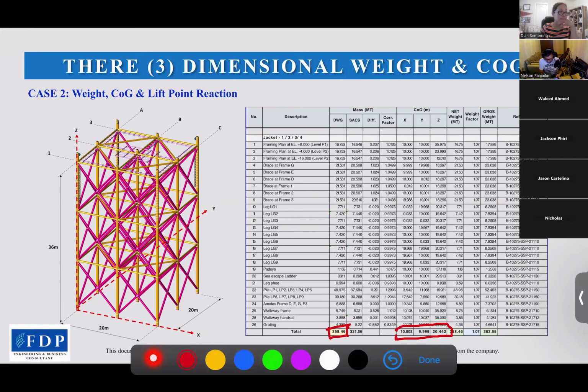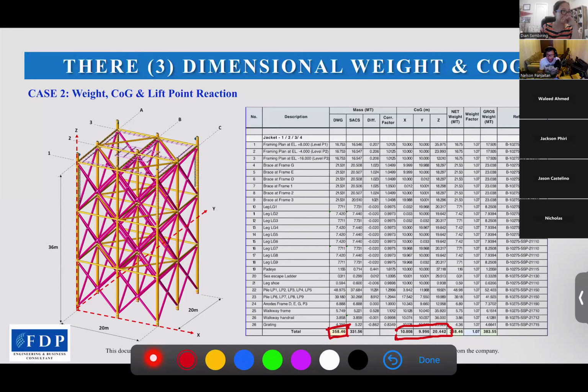I use SACS for the analysis, and it shows that the mass from the software is 331.56. So there is a big difference between the software and the manual calculation. But of course, I will follow my manual calculation and adjust the SACS software to follow it.